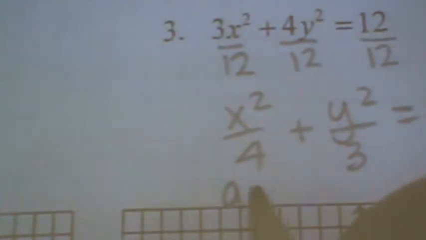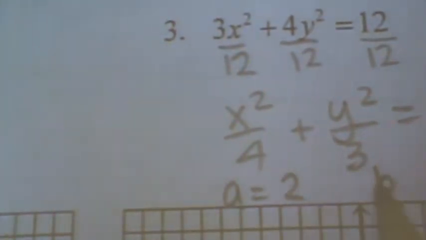Now this one, the a value is 2, the b value is the square root of 3, which is about 1.7. So you're going to go 2 units this way, 2 units that way, 1.7 this way, 1.7 that way, and here's your graph. If I asked you what's the area, area is pi times 2 times root 3. It'd probably look better if you wrote 2 root 3 pi.